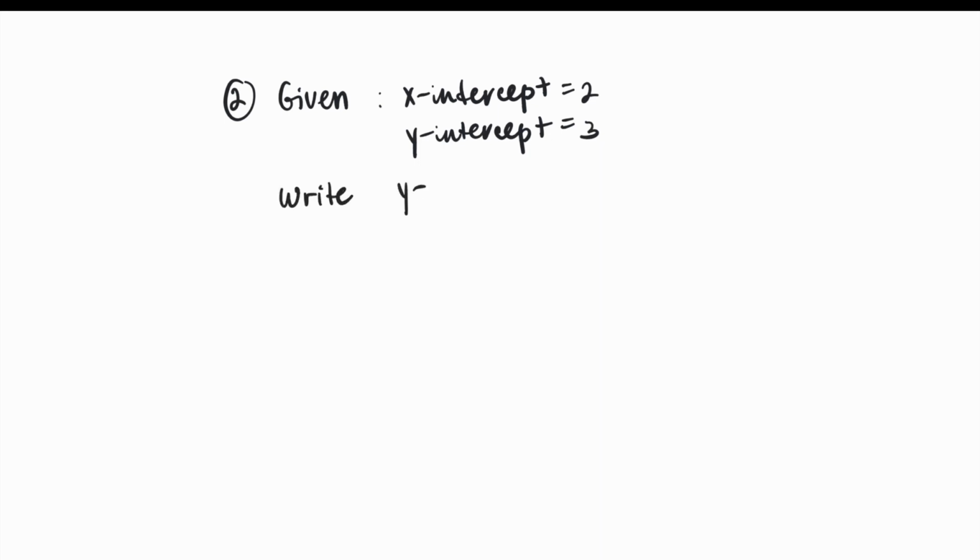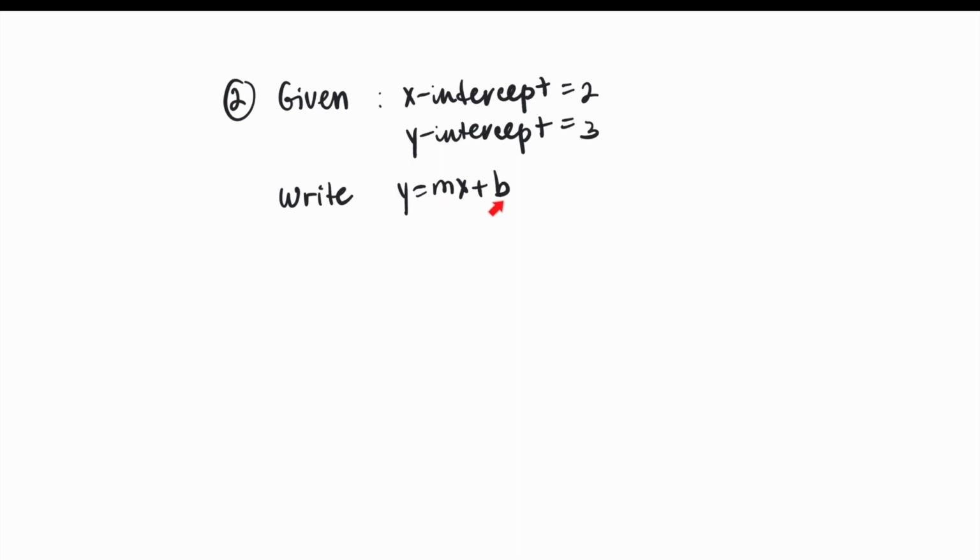So here's the second example. Given 2 points, the x-intercept, which is 2, and the y-intercept, which is 3, the problem asks us to write the equation in y equals mx plus b form. So keep in mind that in this equation, m will need to become a number and b will need to become a number.